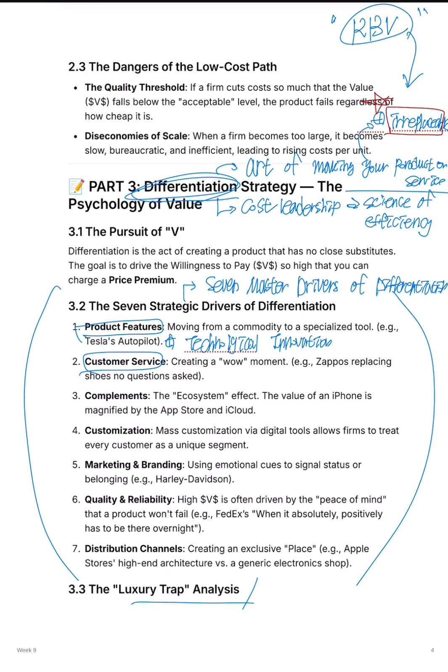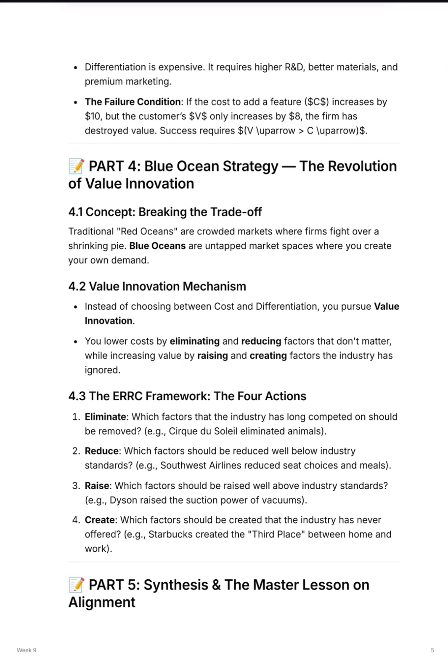The last part for the differentiation strategy is the luxury trip analysis. This part is related to explaining the risk of differentiation.